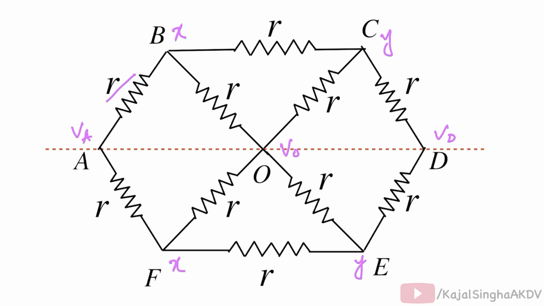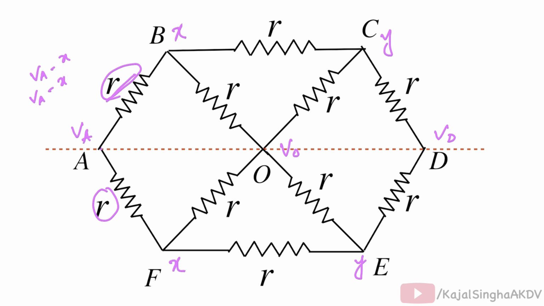Now we can see that the resistor in arm AB, which is of value R, and the resistor in arm AF, which is also of value R, are connected between points which have equal potential difference. That is, points A and B have potential difference VA minus X, and that is also true for points A and F, which also have potential difference VA minus X. So these two resistors can be considered as in parallel combination.